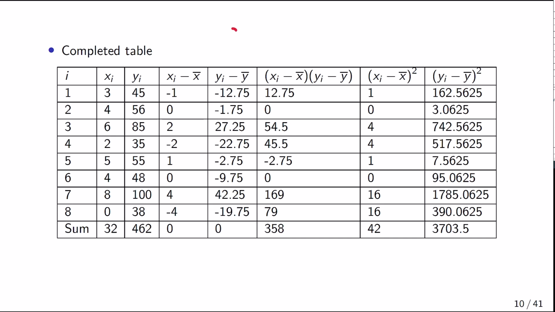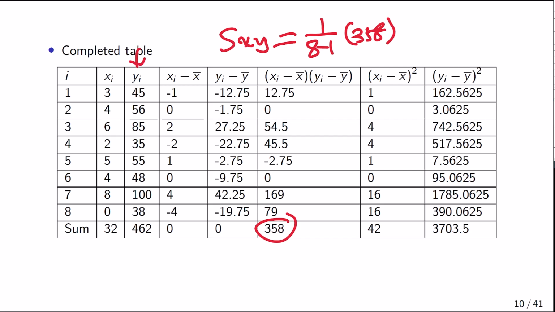So now we have this xy equals 1 over 8 minus 1 times this 358. Because just now we had a claim which says the sample covariance is very sensitive to the measurement unit. Remember, for this income, the unit is $1,000. So 45K, right?